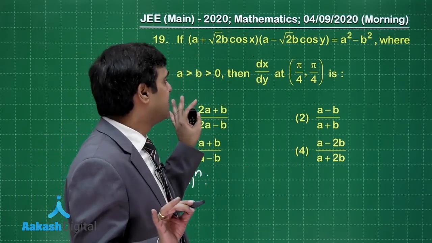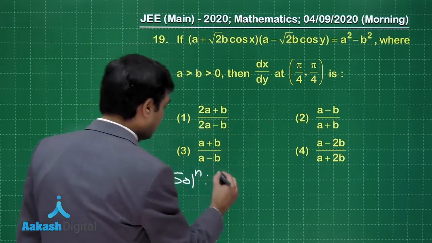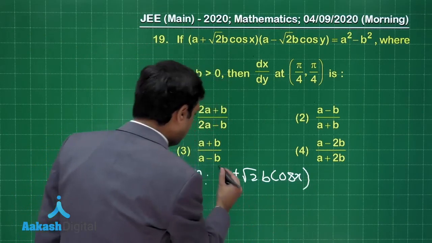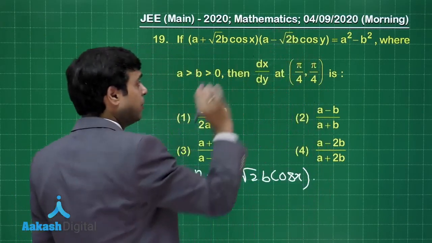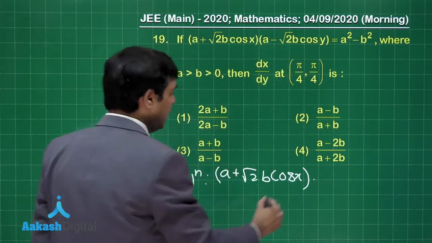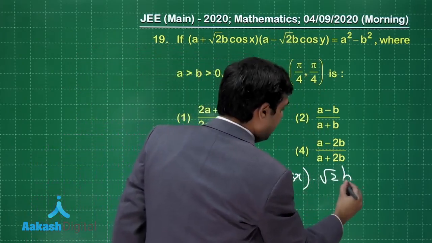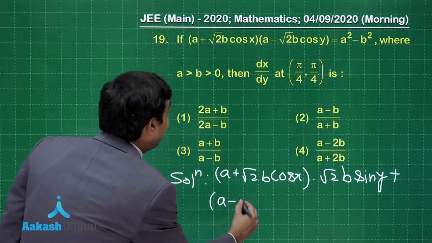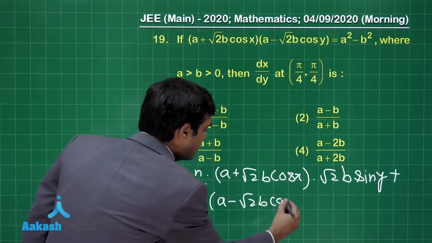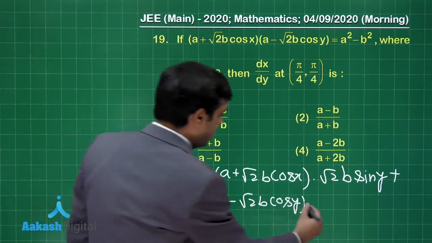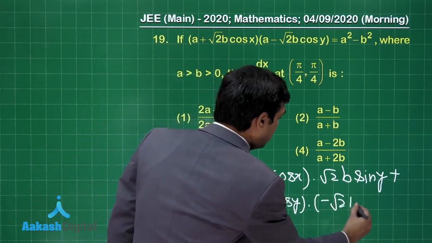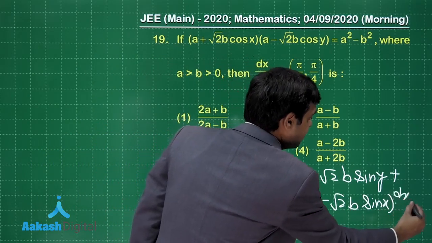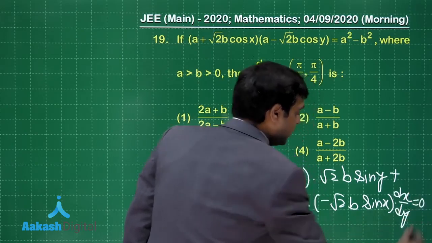Simply differentiating both sides with respect to y, we get (a plus root 2 b cos x) multiplied with 0, and the derivative of this one with respect to y, root 2 b sin y, plus next (a minus root 2 b cos y) same, multiplied with minus root 2 b sin x into dx by dy is equal to 0.